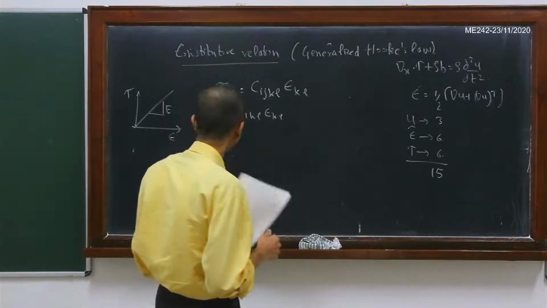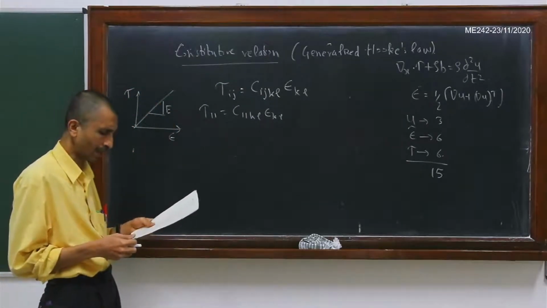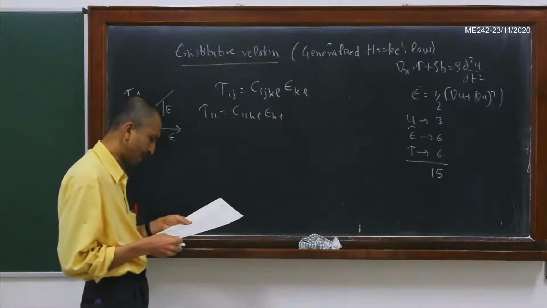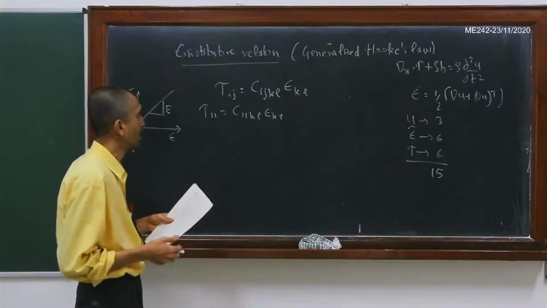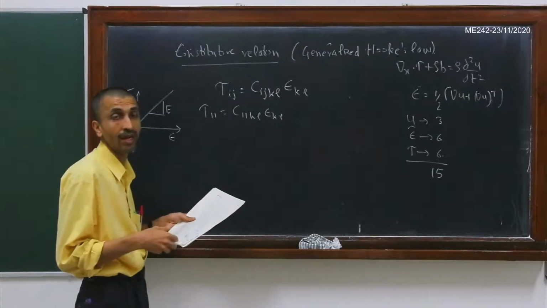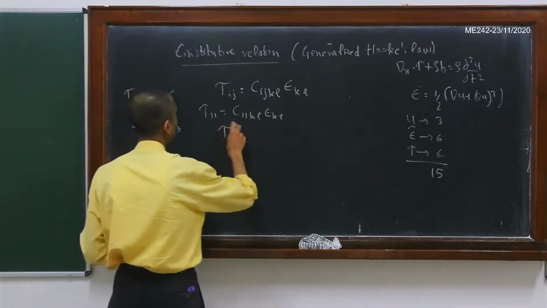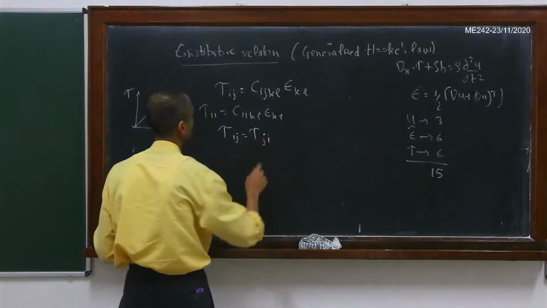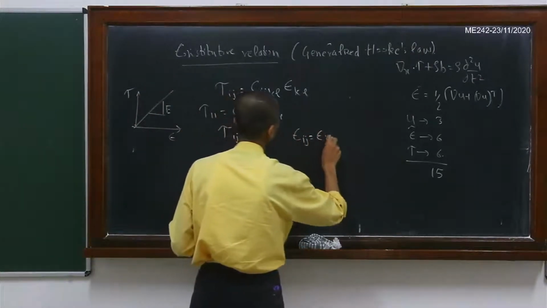Similarly you can write the equations for all the remaining components, but that doesn't account for the symmetry of the stress tensor and of the strain tensor, right? We have that tau ij is equal to tau ji, correct? We also have epsilon ij is equal to epsilon ji, correct?